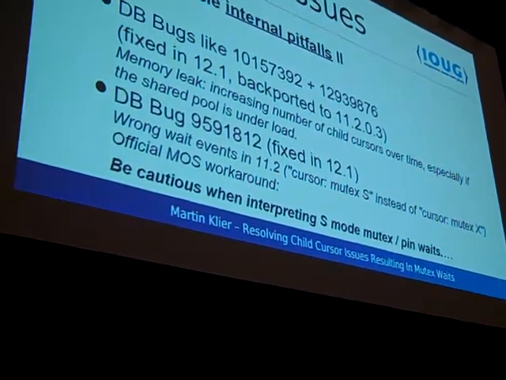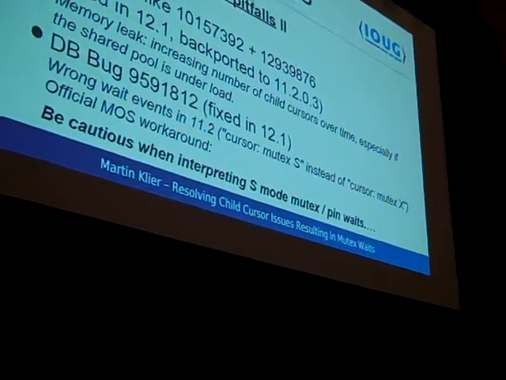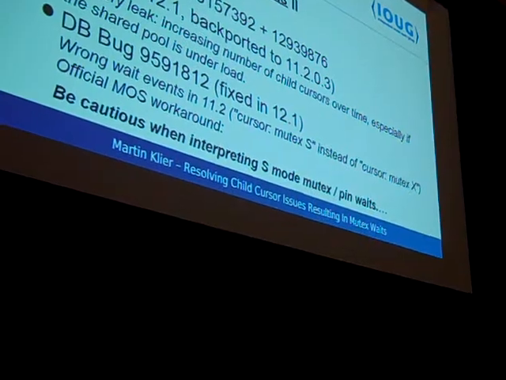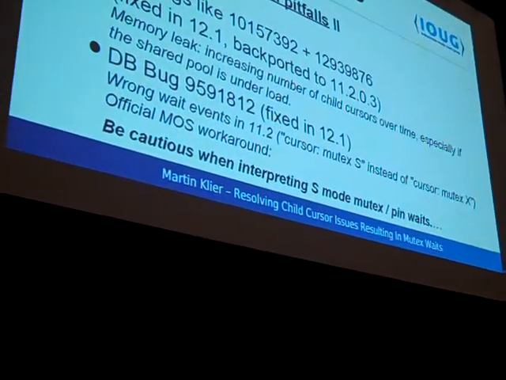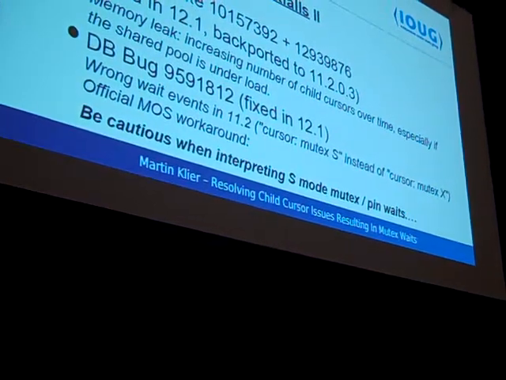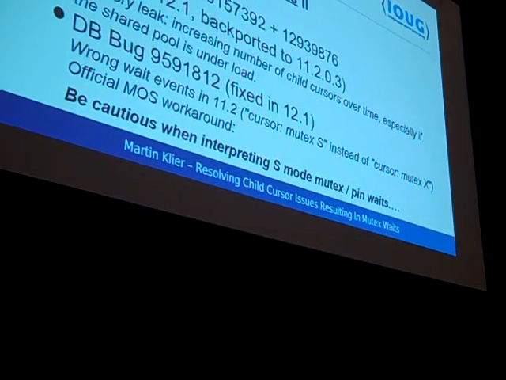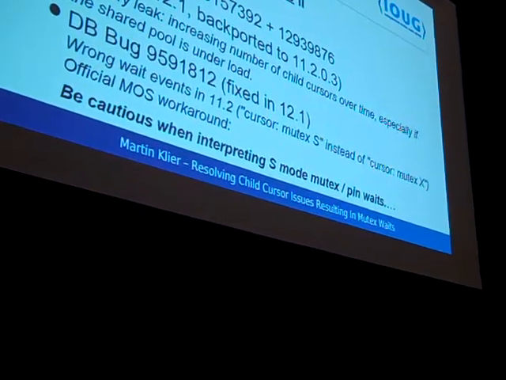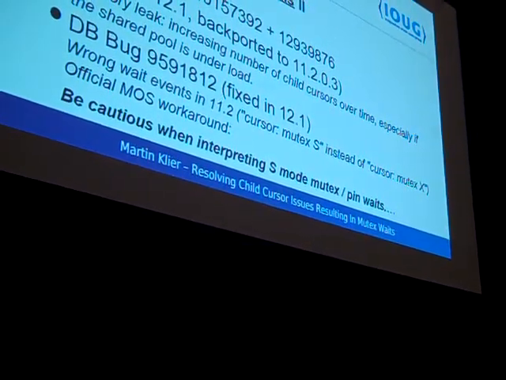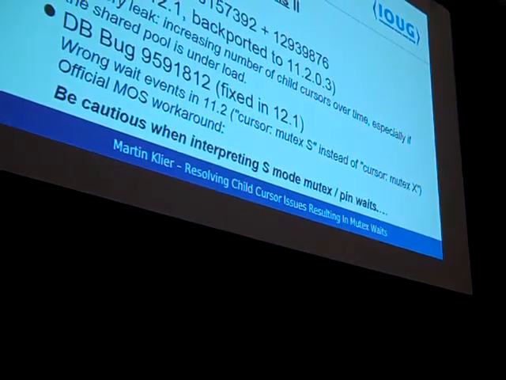Other internal pitfalls in connection with the library cache are those two bugs. They are related, but not the same. They have a memory leak in the structure used in the library cache. So if you are stressing the shared pool, the number of unused child cursors will increase and increase and increase slowly over days, sometimes over weeks.